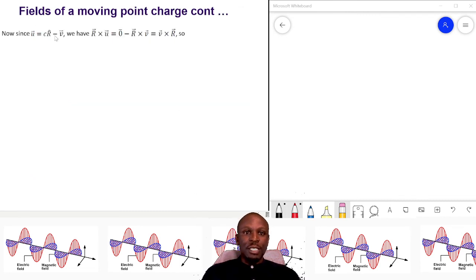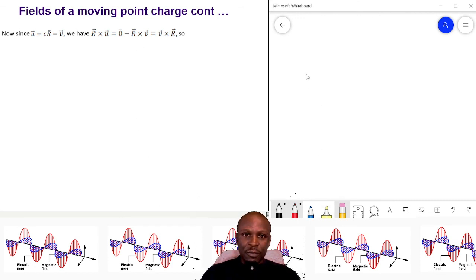Now since U is given by this, R cross U is just given by this. This is also simple.